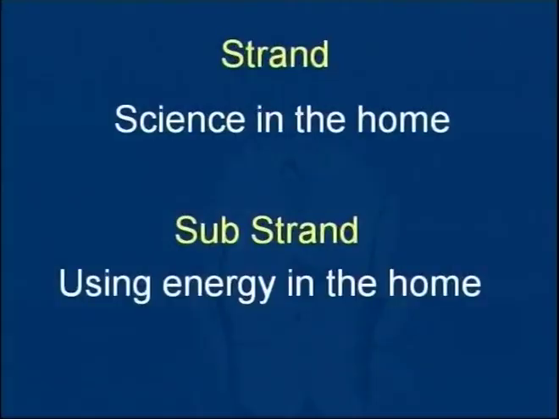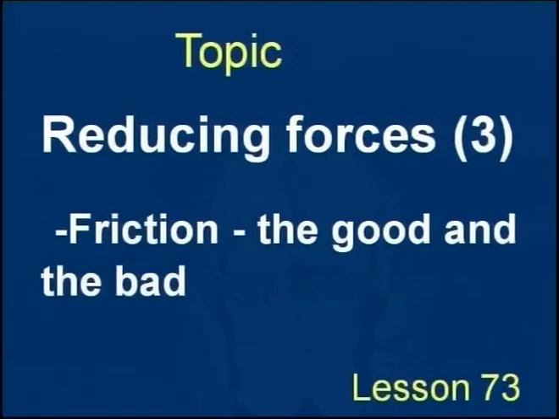Now, we are still looking at the same strand and substrand. Our topic for today, reducing force. This is the third lesson, and we will still be looking at friction, the good and the bad of friction.